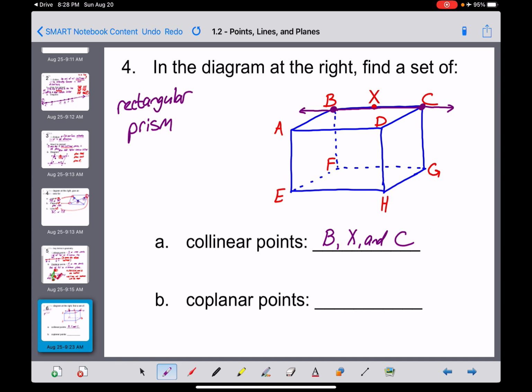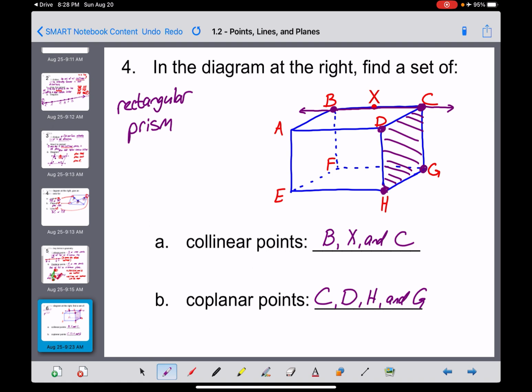A rectangular prism is made up of 6 sides, and pick any one of them, guys, but how about just the right-hand side of this box right over here, we've got a quadrilateral that goes from C to D down to H and G. There's one flat surface, that being the right side of this box, that contains all 4 of those points, so I would go with C, D, H, and G.